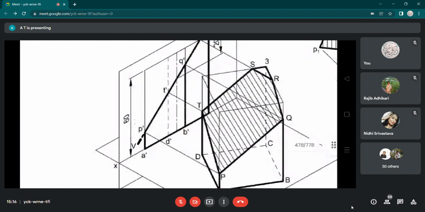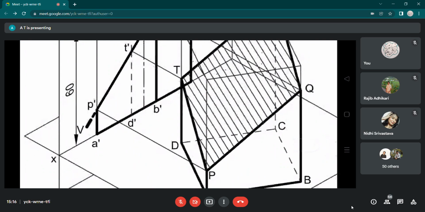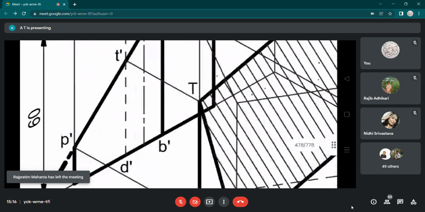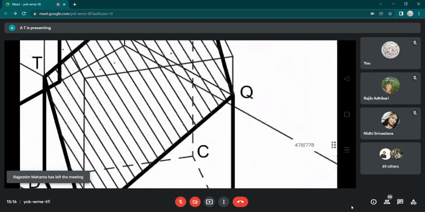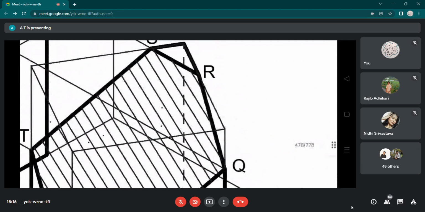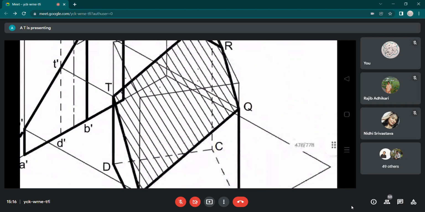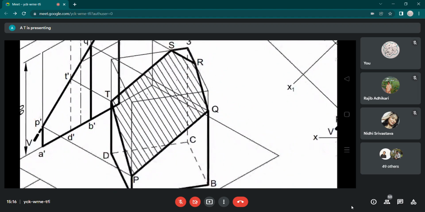You see this section P, Q, R, S and T. This section is inclined. Neither in the top view nor in the front view will you get the actual true shape of the section P, Q, R, S, T.